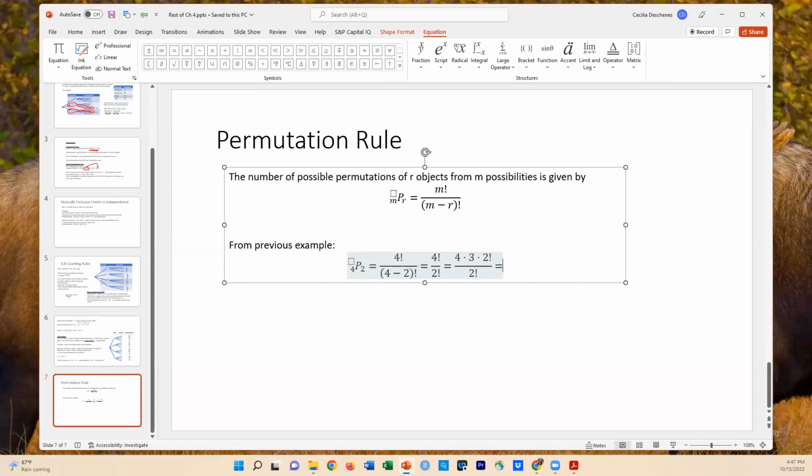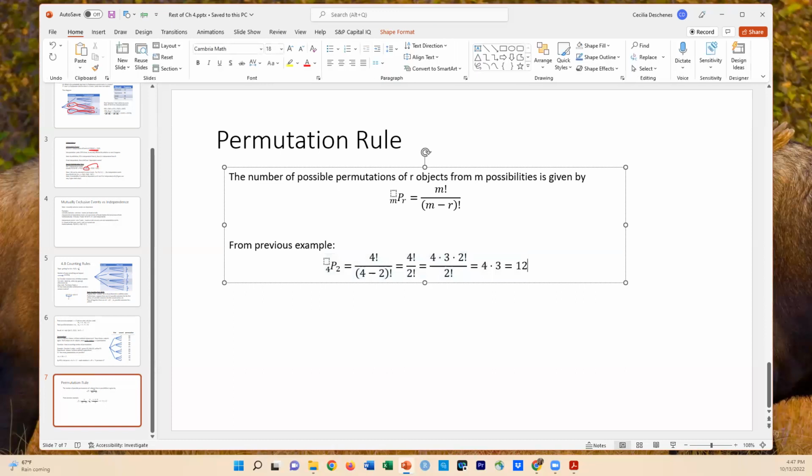And that's just going to equal the 4 times 3, which is just the 12. So we see that the formula will work, and not only will it work in a small example like we just did, that we can kind of prove it to ourselves, it keeps working even for large numbers that would be very tedious to do a tree diagram for.